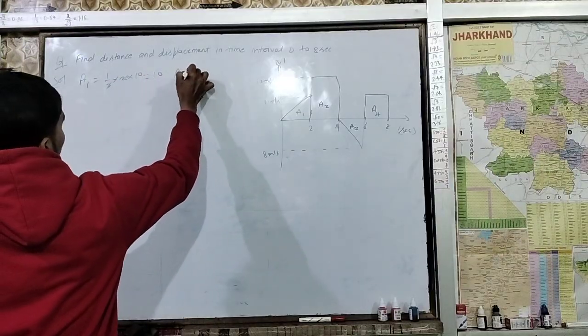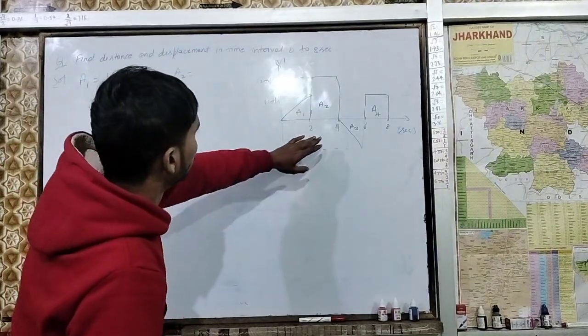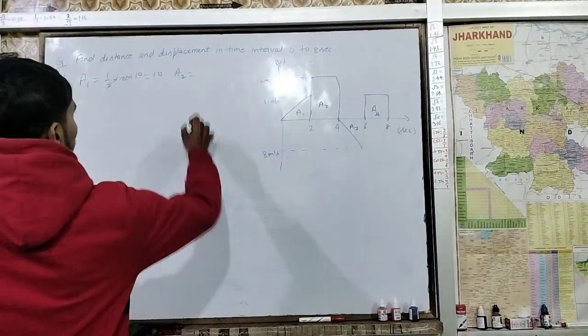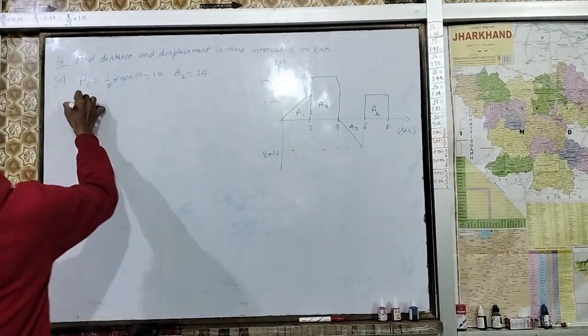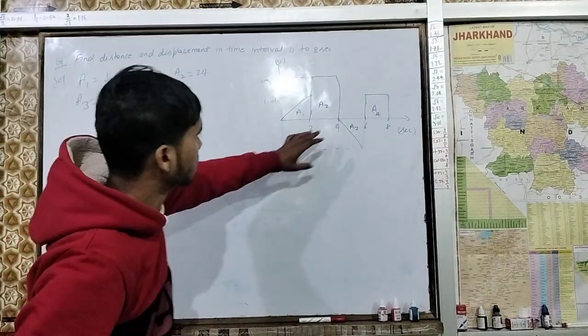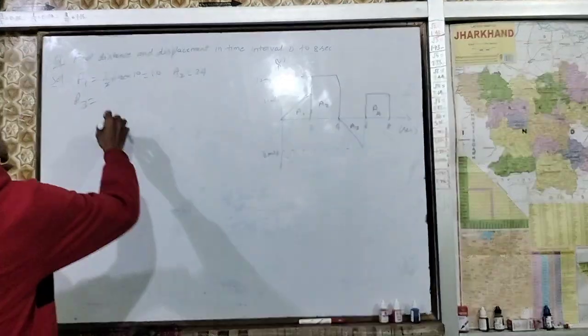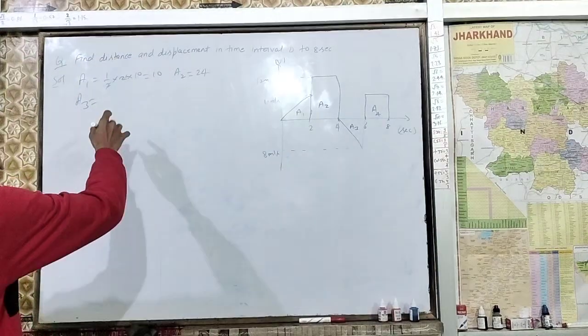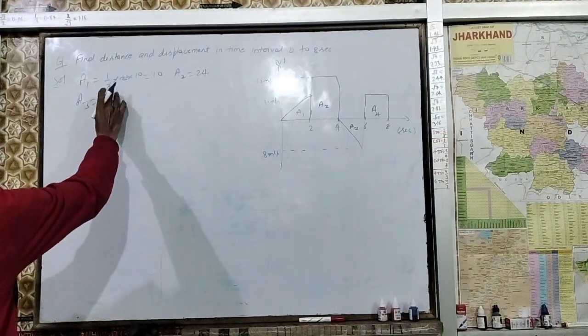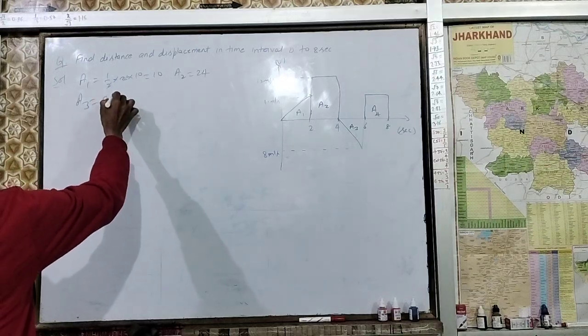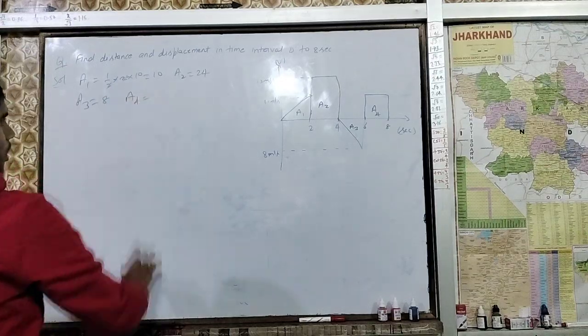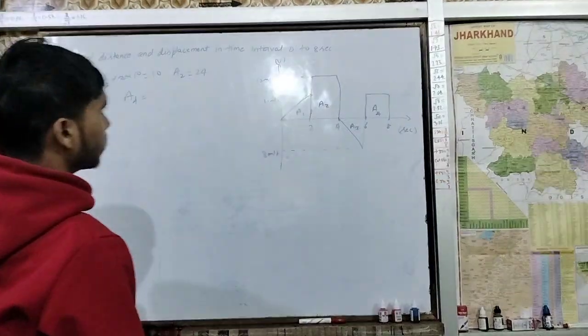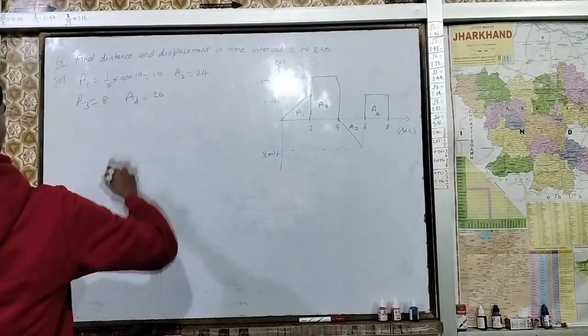A2 will be 2 multiplied by 12, 24. A3 will be 1 by 2, 2 and 8, so 8. A4 will be 2 multiplied by 10, 20.